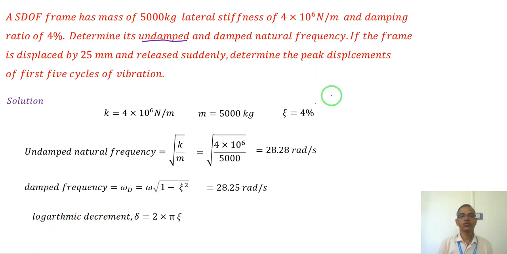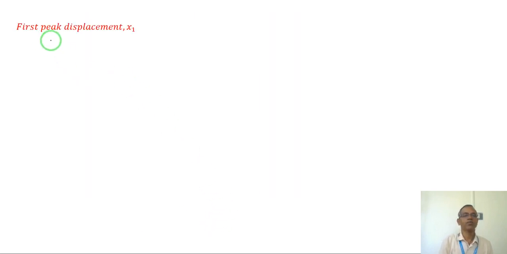Now he is asking to find out the peaks. For different peaks we have to go by logarithmic decrement. The formula is delta equal to 2 pi into zeta. We don't take the denominator term because our damping ratio is very small, 4%. Substituting, I get the logarithmic decrement as 0.25. I also have the formula delta equal to ln x0 by x1.